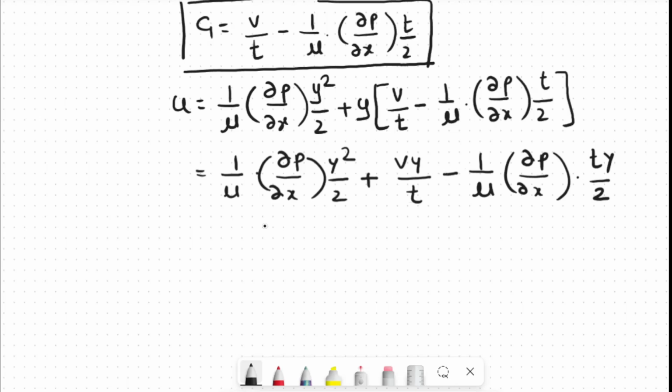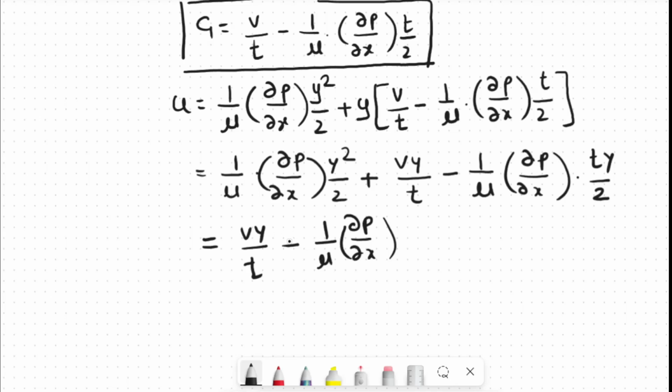So now you can see something is common: Vy by t. Now let us see what things we can take out as common. 1 upon mu delta p by delta x is common, so I have taken 1 upon mu into delta p by delta x common.